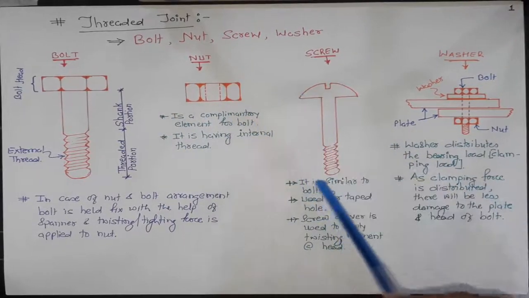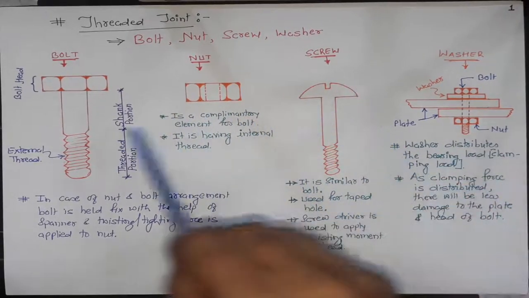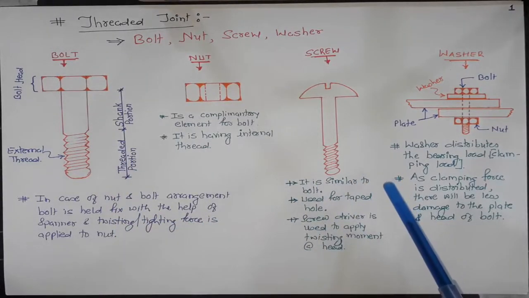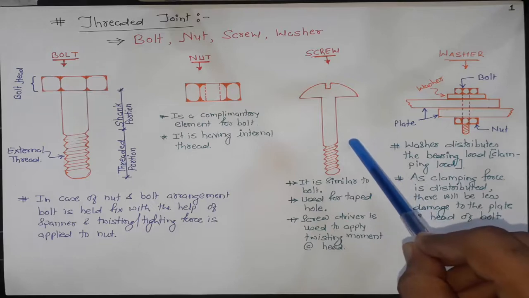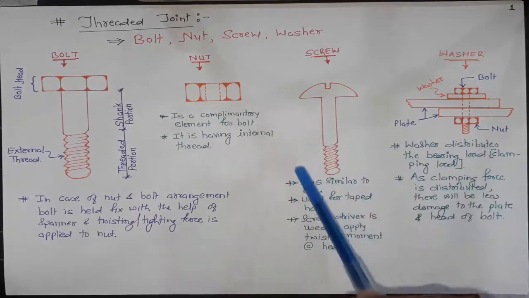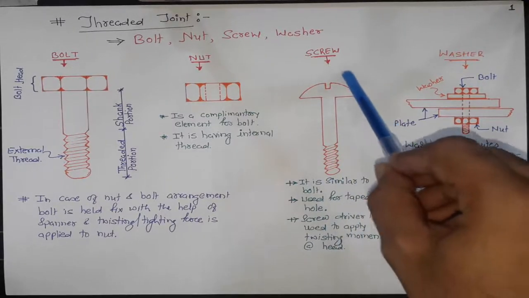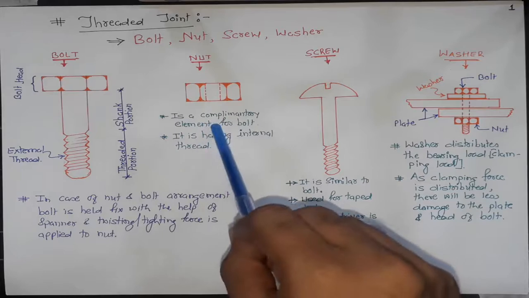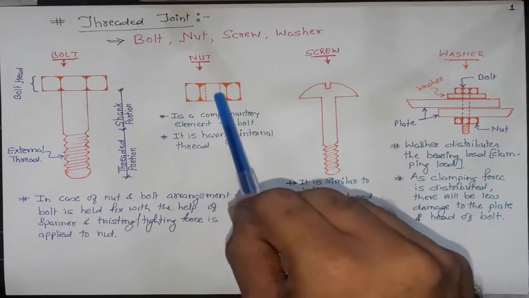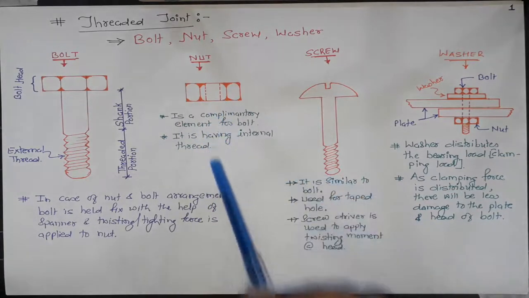This is the screw. It is similar to the bolt. It is used for a tapped hole. A screwdriver is used to apply a twisting moment at the head. Here we are applying a twisting moment at the head of the screw, while in the bolt and nut arrangement we are providing a twisting force to the nut.